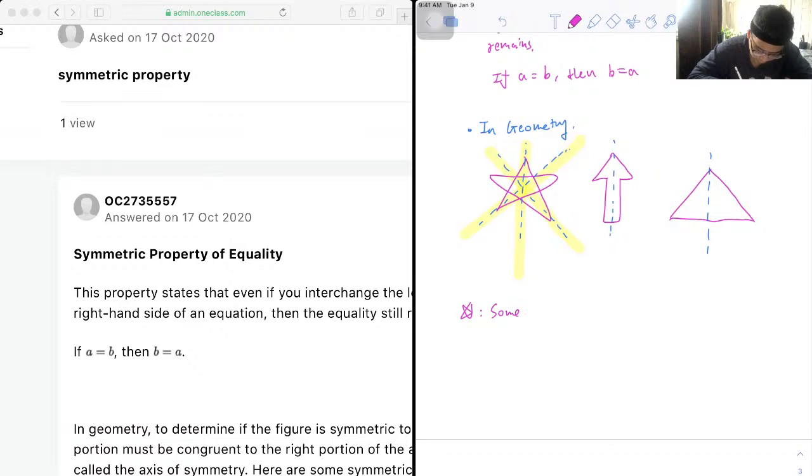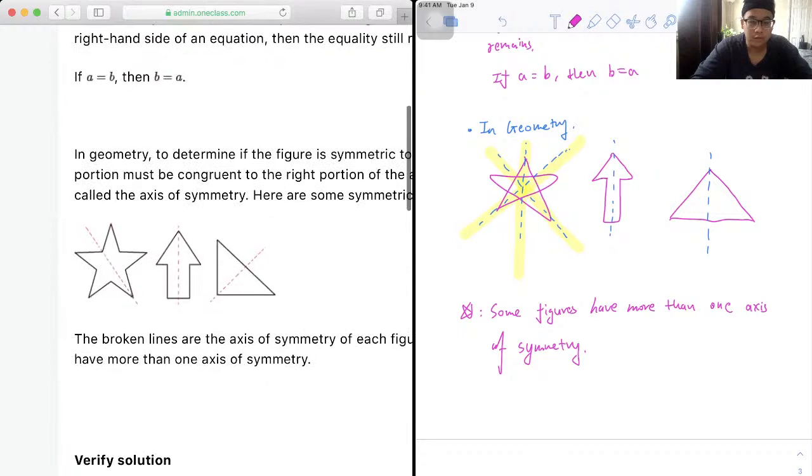Some figures have more than one axis of symmetry. So that's all we got for this question.